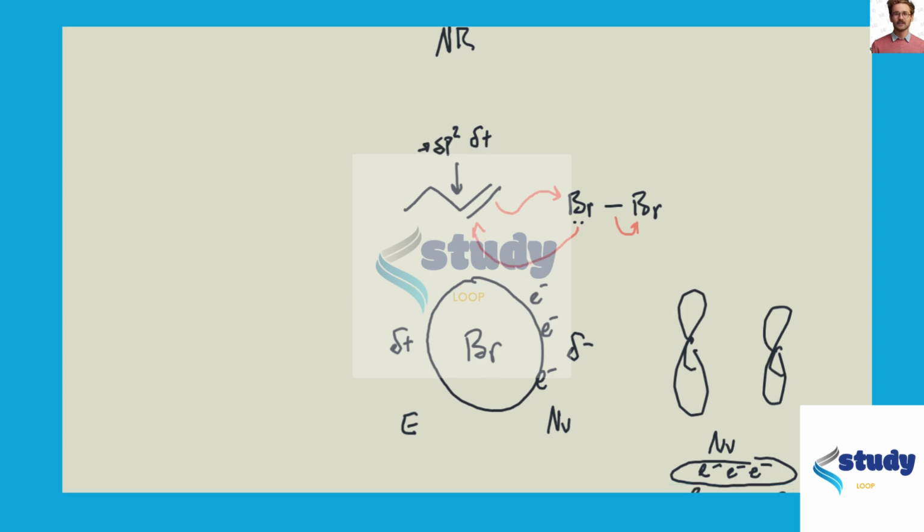This carbon is getting attacked. This carbon is doing the attacking. So the way that alkenes are able to interact with bromine is that they behave as both nucleophiles and electrophiles, just like bromine.